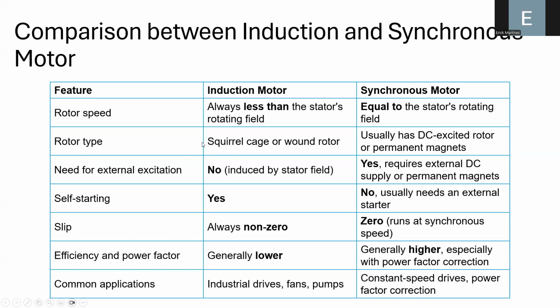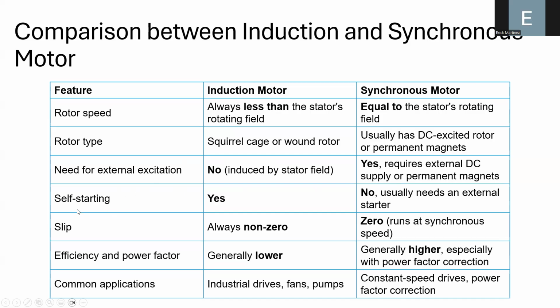Also the rotor type: in the induction motor, we typically use a squirrel cage rotor, but in the case of the synchronous motors, we need to use a DC-excited rotor or a permanent magnet. Also, the induction motor doesn't need external excitation. You are basically inducing the voltage in the rotor in order to start spinning the machine. But in the case of the synchronous motors, you need a DC external supply or permanent magnets.